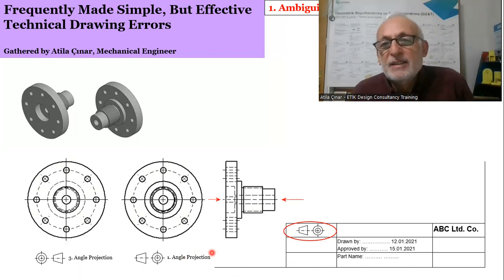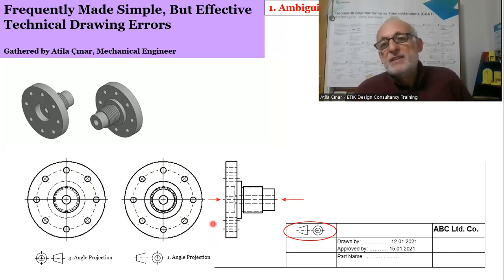So if the drawing is prepared by the other method, they may still try to understand the drawing as the method they are accustomed to. And this may result in bad parts, with scrap parts. And this is not good.